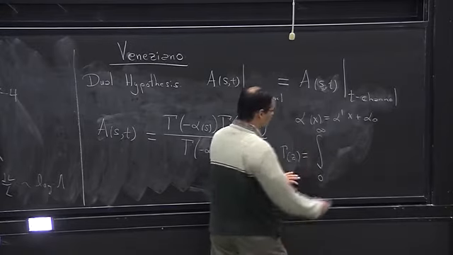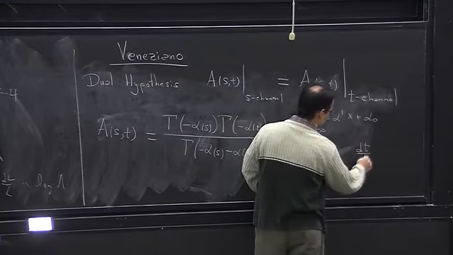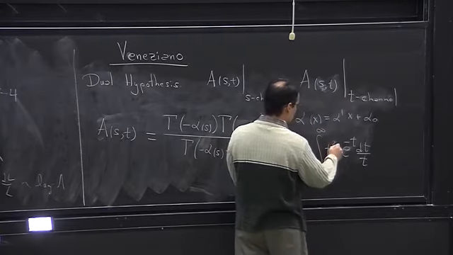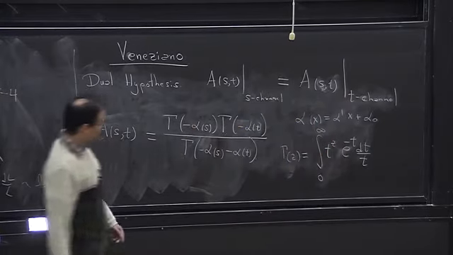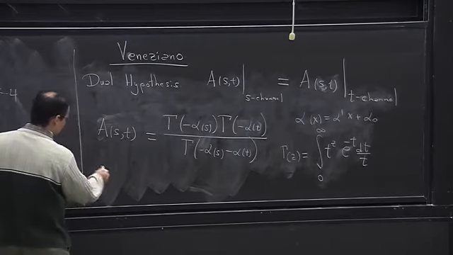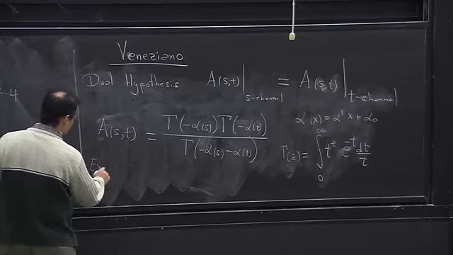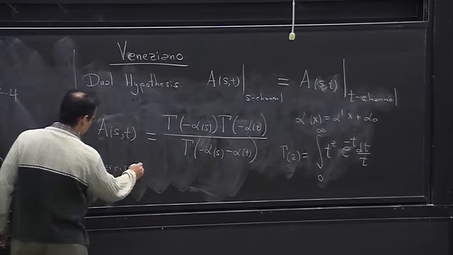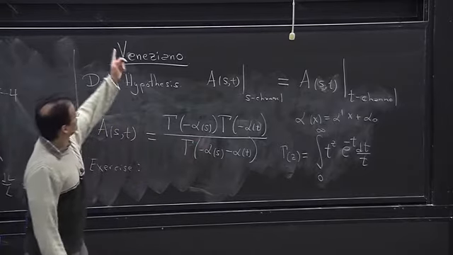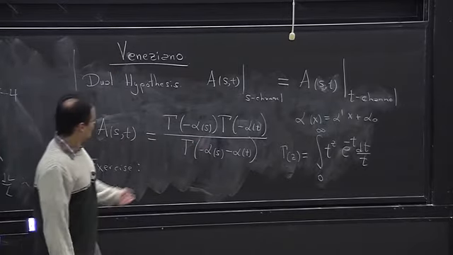which is the integral from 0 to infinity of dt over t, e to the minus t, t to the z. Okay? So here is a nice exercise for you. Show that this object does what it's supposed to do, okay?